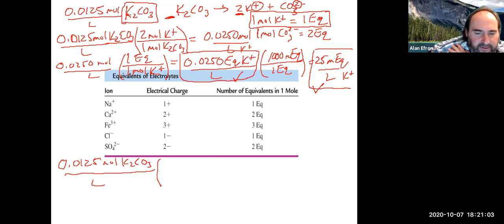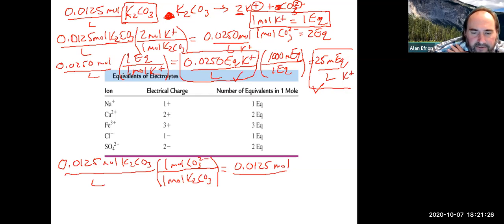When we look at the entire thing to just the carbonate ion, 1 mole of the entire thing gives us 1 mole of the carbonate. And that also comes from the formula, so 1-to-1 relationship there. That's going to give us 0.0125 moles per liter of just carbonate.